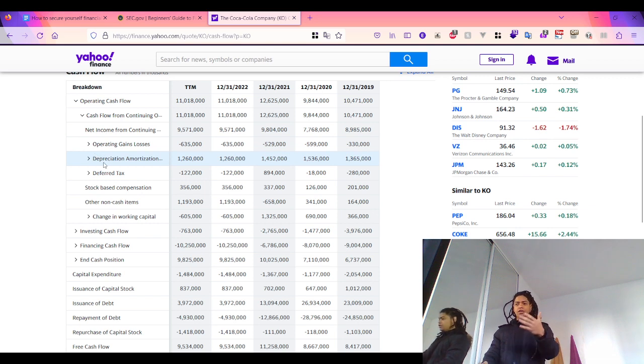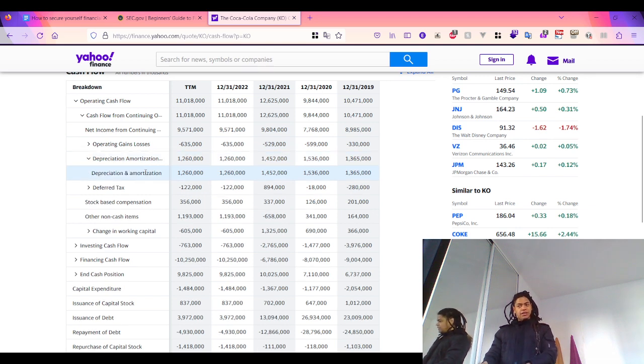For example, depreciation and amortization is one of them. Stock-based compensation will also affect the net income.